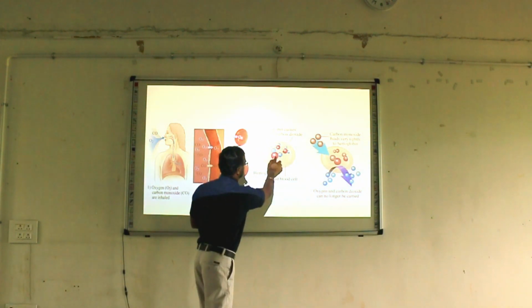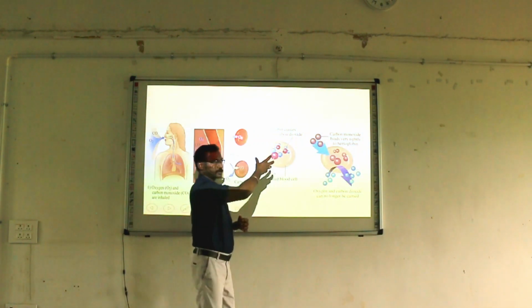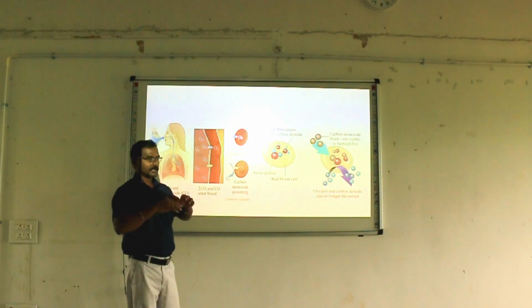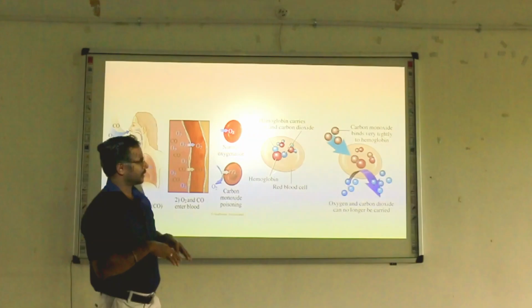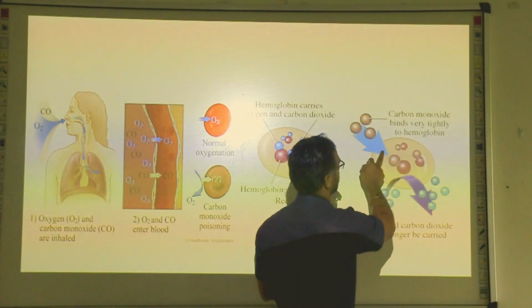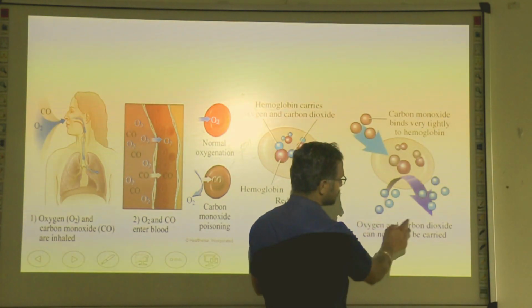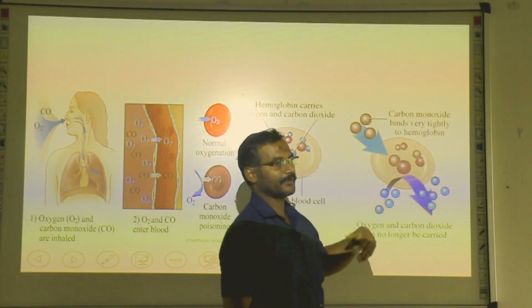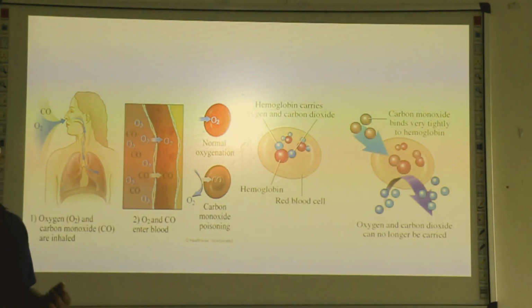Here we can see the carbon dioxide and oxygen; both molecules are inside the body system. Once we inhale, carbon dioxide will go outside and oxygen will enter. But here the carbon monoxide binds very tightly to hemoglobin. Then the oxygen and the carbon dioxide will not bind with the hemoglobin, so it will affect our respiratory system and other body systems.